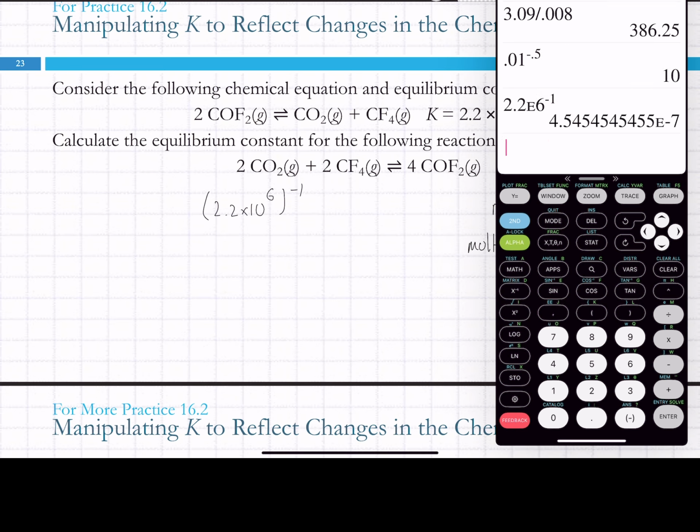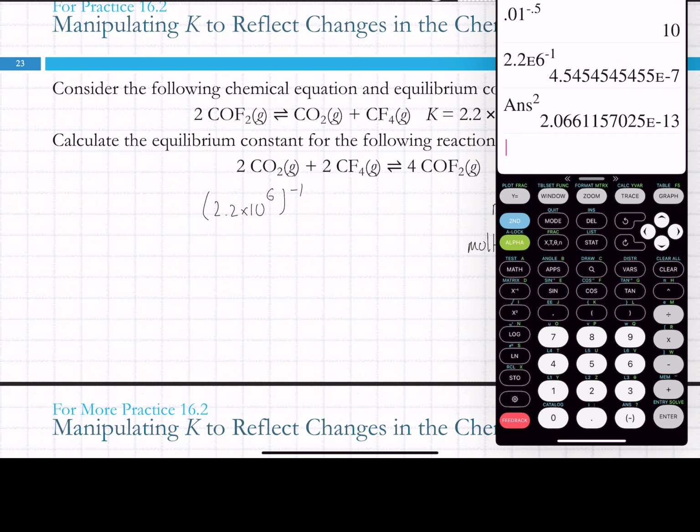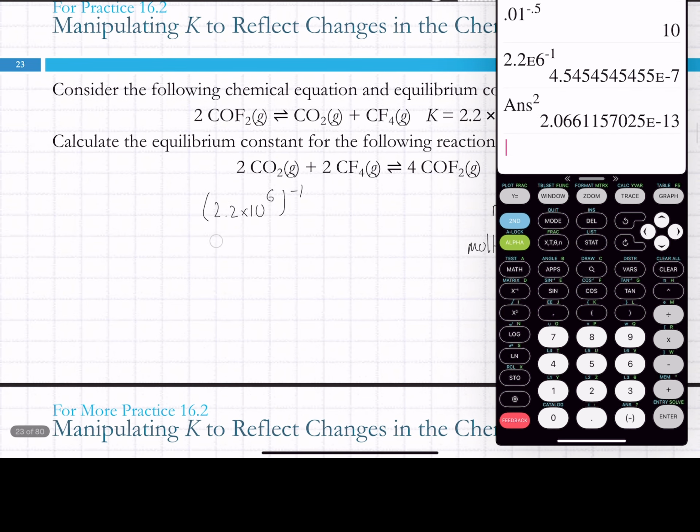Raise to the negative 1, and then we need to square that. So this is 2.0, well, actually 2.1 times 10 to the negative 13.